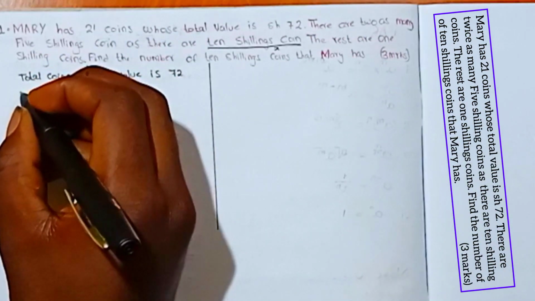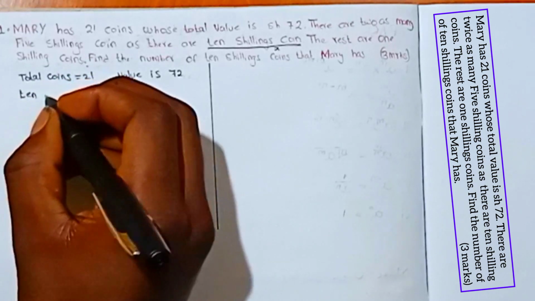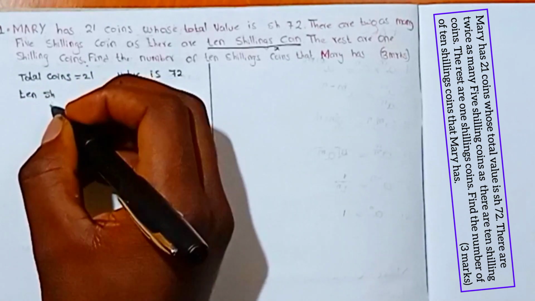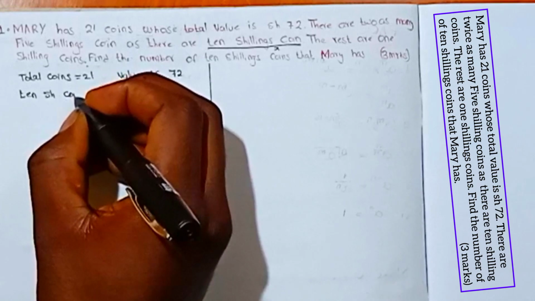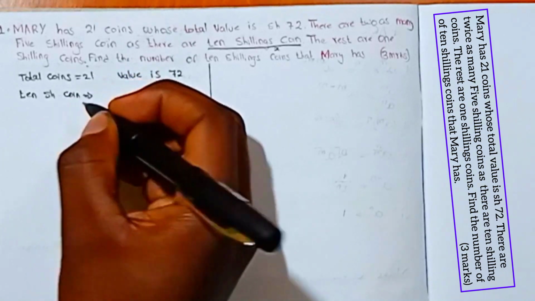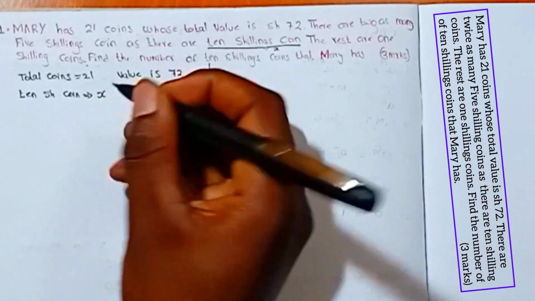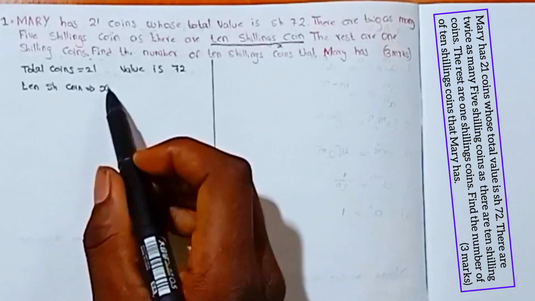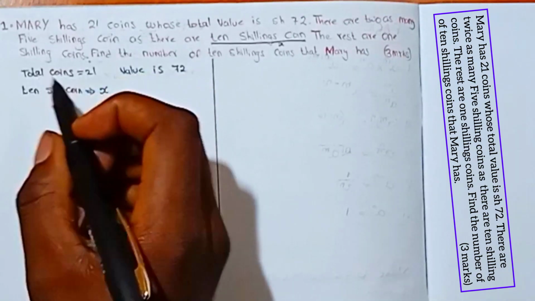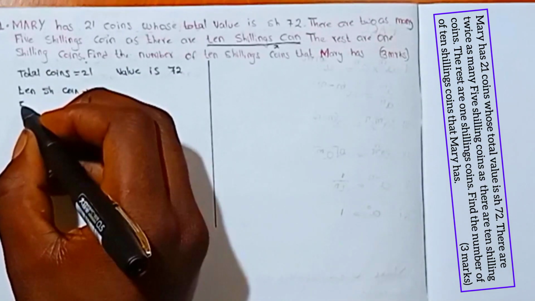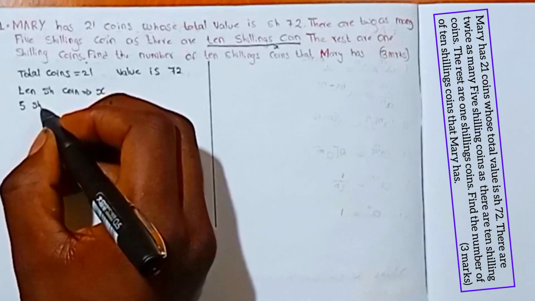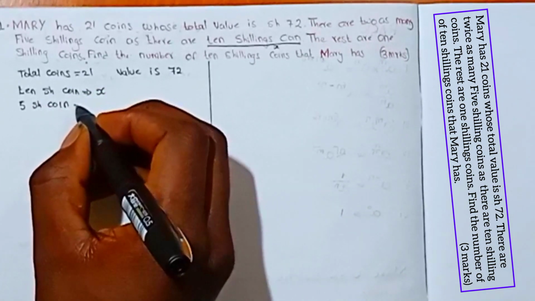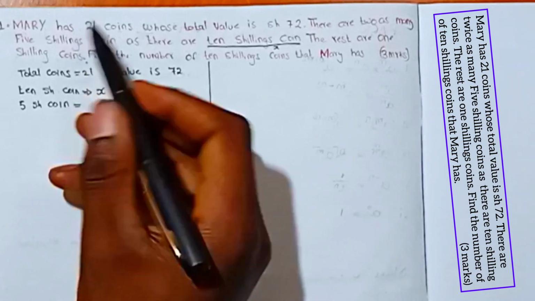So let's use x. The 5 shilling coins will be twice.